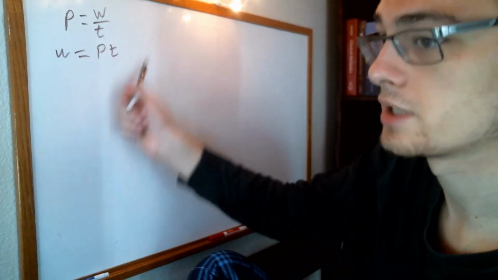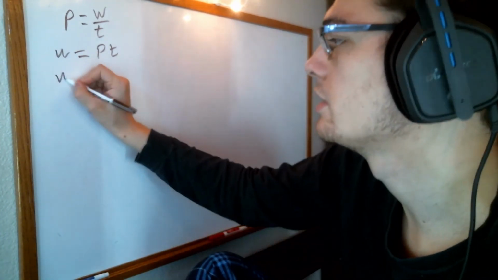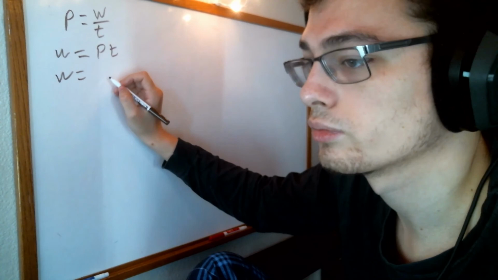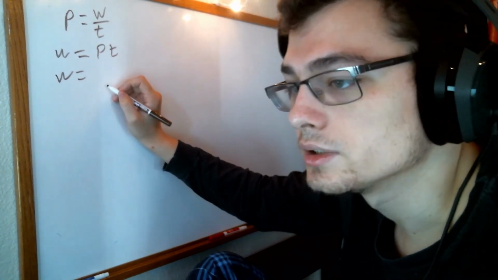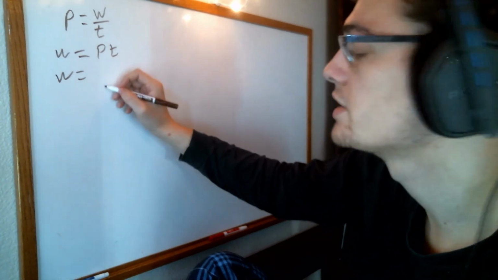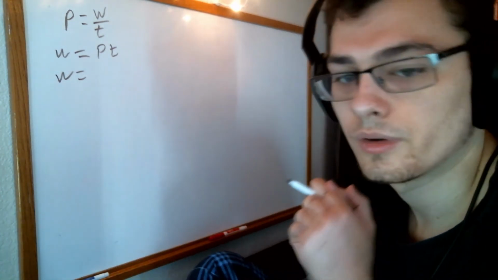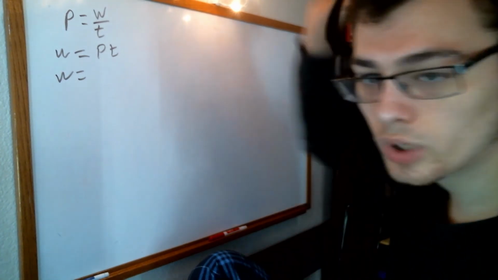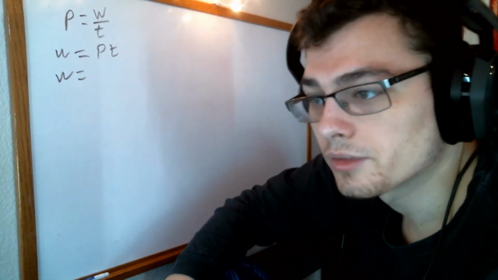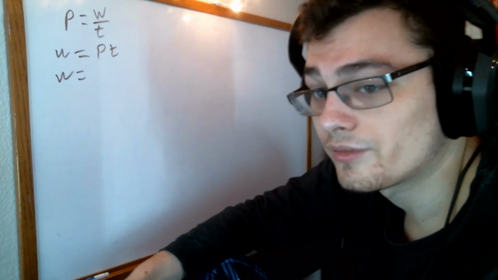Work equals power times time. And we know that W is equal to our work energy theorem. Before the windup, that ball's velocity is going to be 0, and after he throws the ball, it's going to have that final velocity.